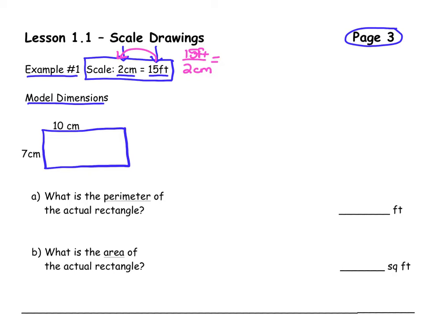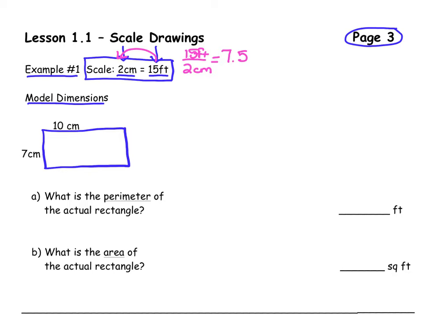Punch into your phone or calculator 15 divided by 2. That gives us a conversion rate of 7.5. When we set up our table, we're going to either multiply dimensions by 7.5 or divide by 7.5, depending on what we're doing. We're going to be using the table technique as we make our conversions.